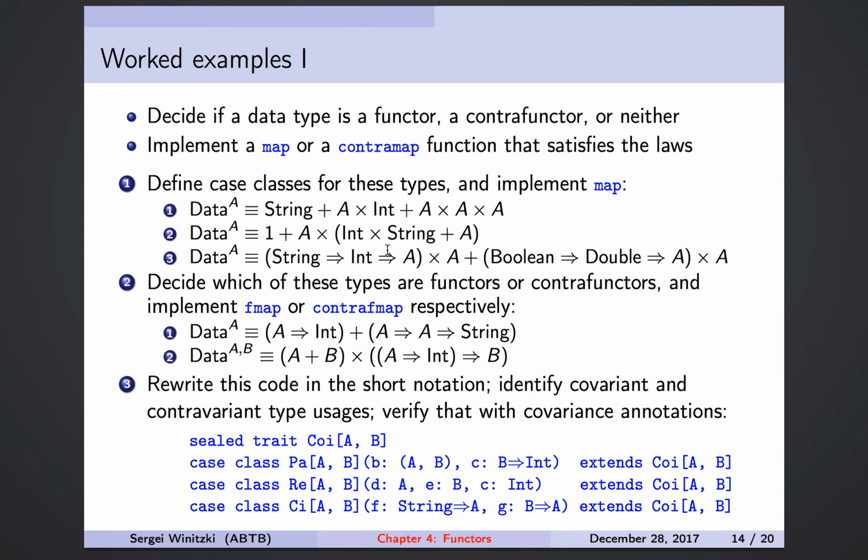And that allows us to decide whether it's a functor or a contrafunctor. Then we implement a map or contramap that satisfies the laws. So we are implementing, first looking at the type, just guided by what types need to be produced. And if there's any choice or ambiguity, we then see whether laws are satisfied.